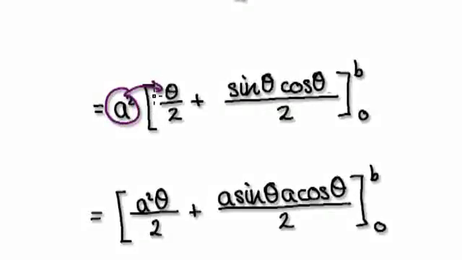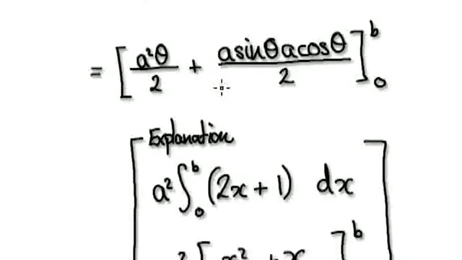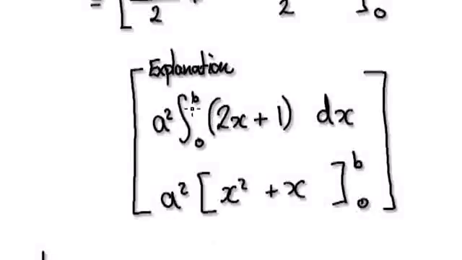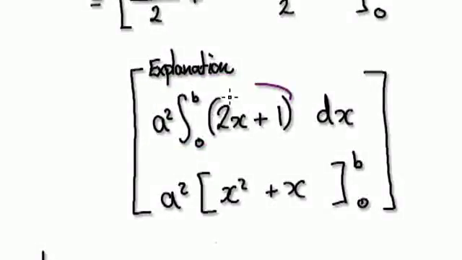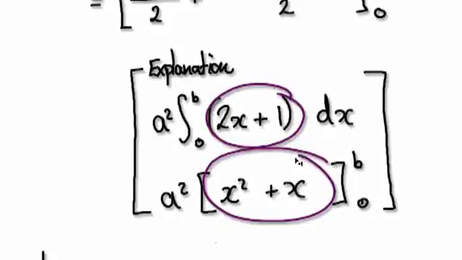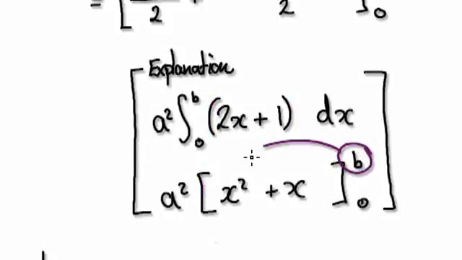Once you're here, you can actually jump back into here. Let's say you're trying to integrate this thing here. Integrate this, and it will then give you this. By right, we should put b into here, and then put b into here.